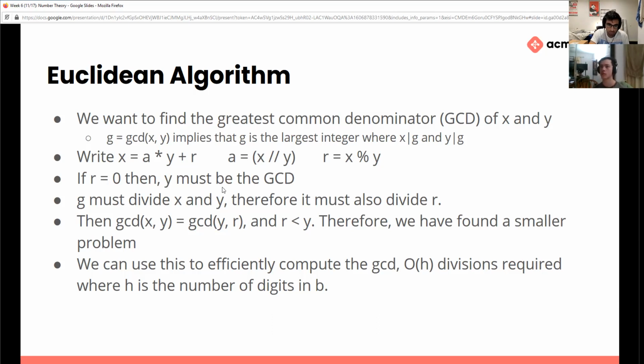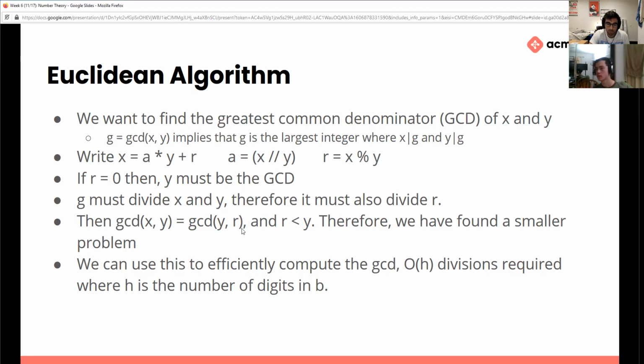So in the general case, we know that g, the greatest common denominator, has to divide both x and y, right? Just by the definition. And if you look at r in the expression, r is just a linear sum of x and y, right? And x and y are both divisible by g, so therefore r must also be divisible by g.